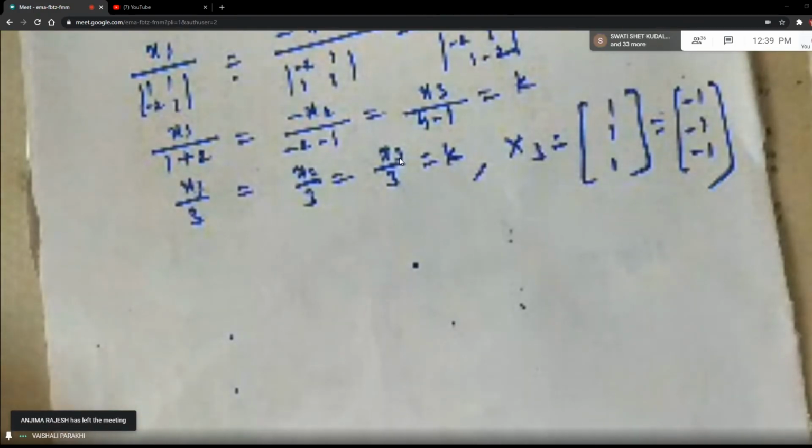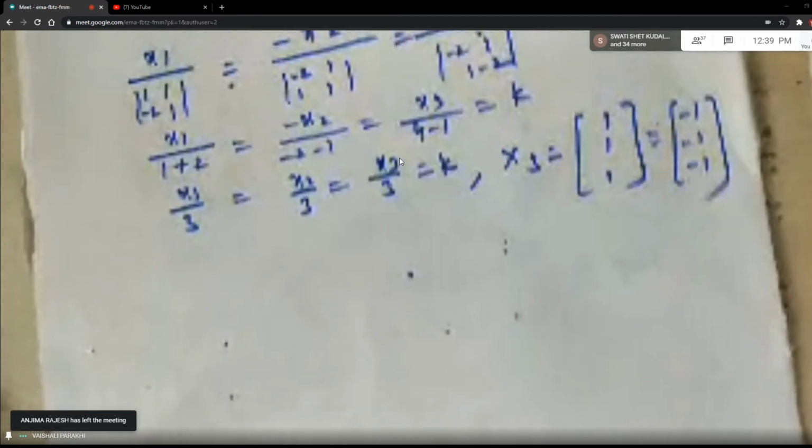Anybody is having any doubts, students? Okay, tell me one thing. Have you studied matrix functions on the calculator, all of you? Or still there are some students who didn't do it? You've done it, right? Okay, how much time is left? It's almost 5 minutes only, no? 5 to 6 minutes. Okay.